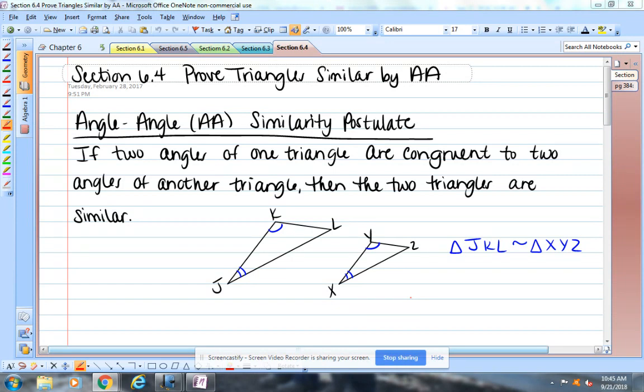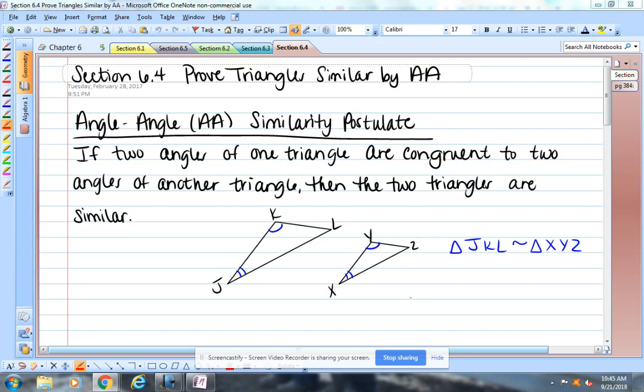Also, when we write our similarity statement, remember the little squiggle line means similar. You got to make sure you write it in order so that the angles that are congruent to each other are in the same position in their name. So on this one, angle J has two little tick marks. So does X. They're in the same position.